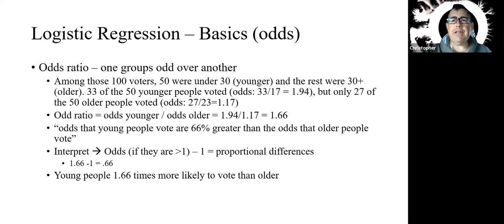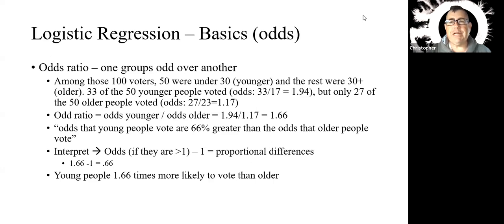All right, some other basics. When we talk about logistic regression, we're not necessarily using odds on their own, but we're using what are called odds ratios. That's the odds of one group compared to the odds of another group. So as an example, we might have among those 100 voters, 50 who were under 30. We'll call those a younger group, and then the rest were 30 or more.